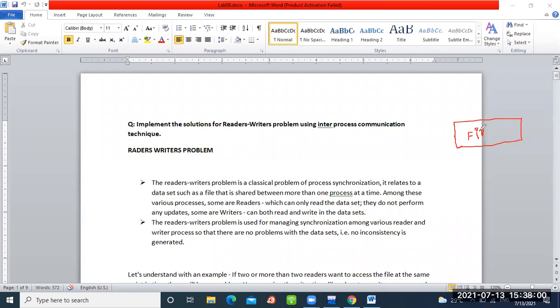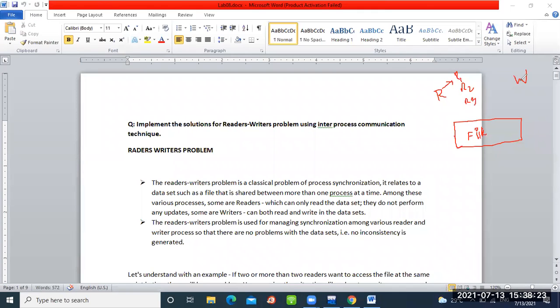Now there are two types of processes. One is called a reader, R, and the other is a writer, W. There can be any number of readers, R1, R2, R3, like that.